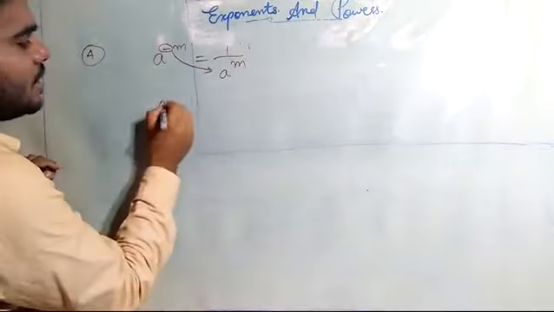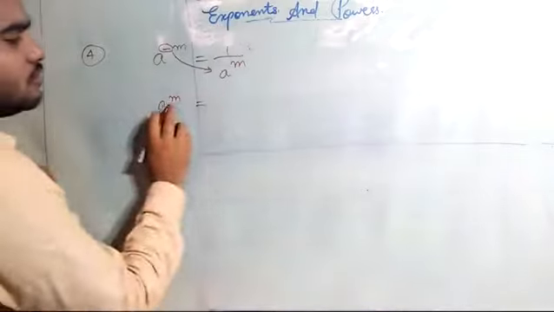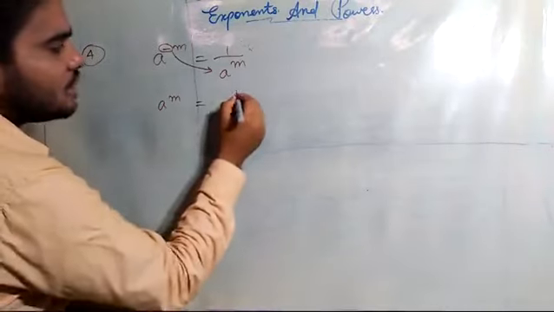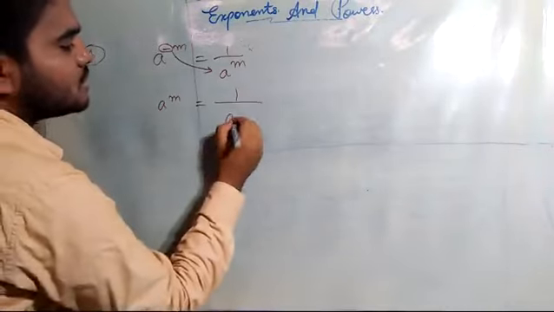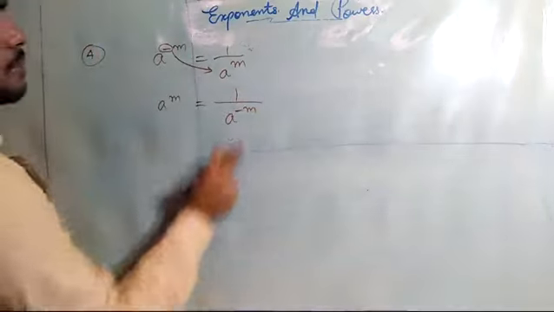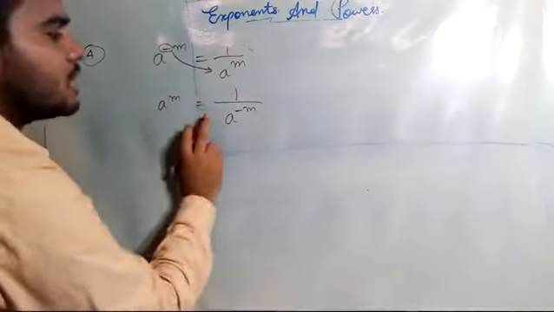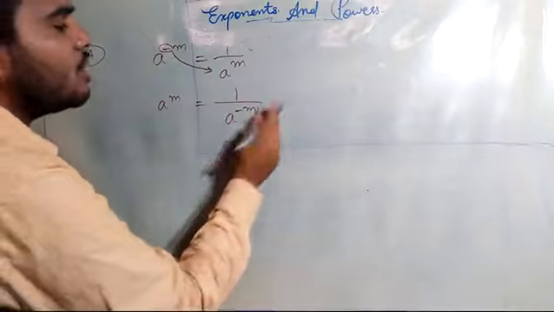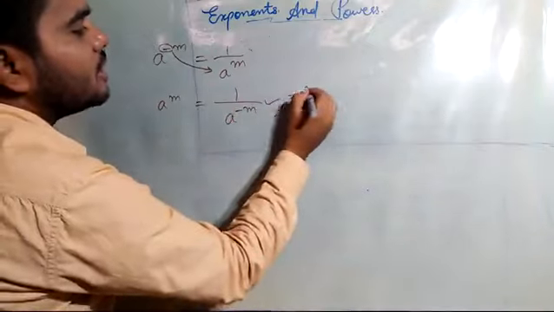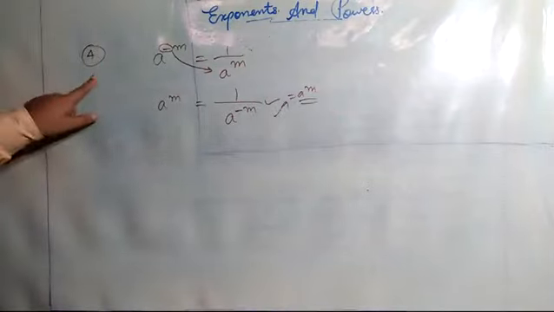Or if I have a raised power m and want to write it in division form, I have to replace this by a raised power minus m. A raised power minus m can be written as 1 by a raised power m, or a raised power m can also be written as 1 by a raised power minus m. Ultimately, when it goes in the numerator, it will become a raised power m only. So this is my fourth law, which according to our book is the first law.